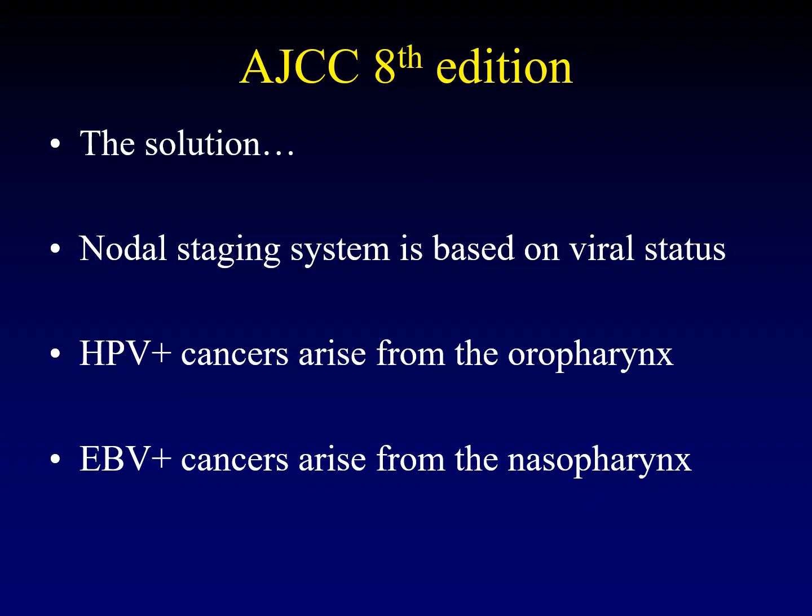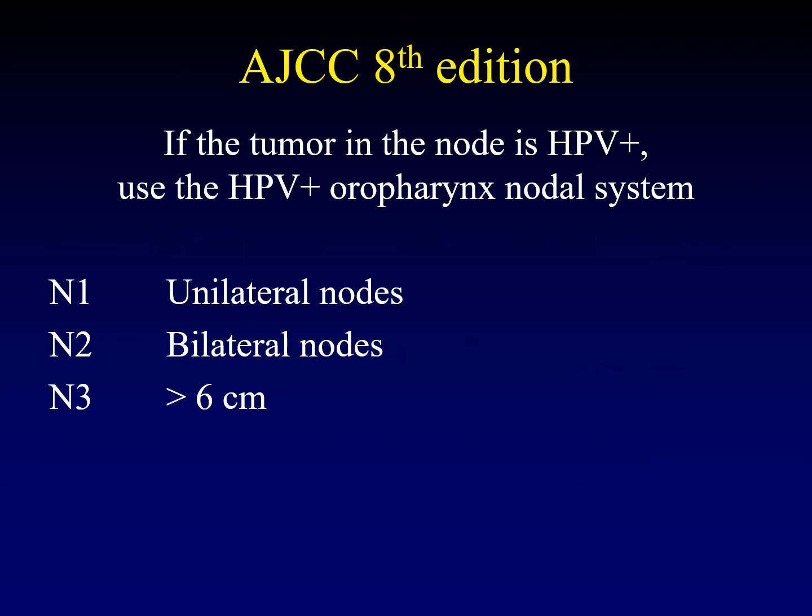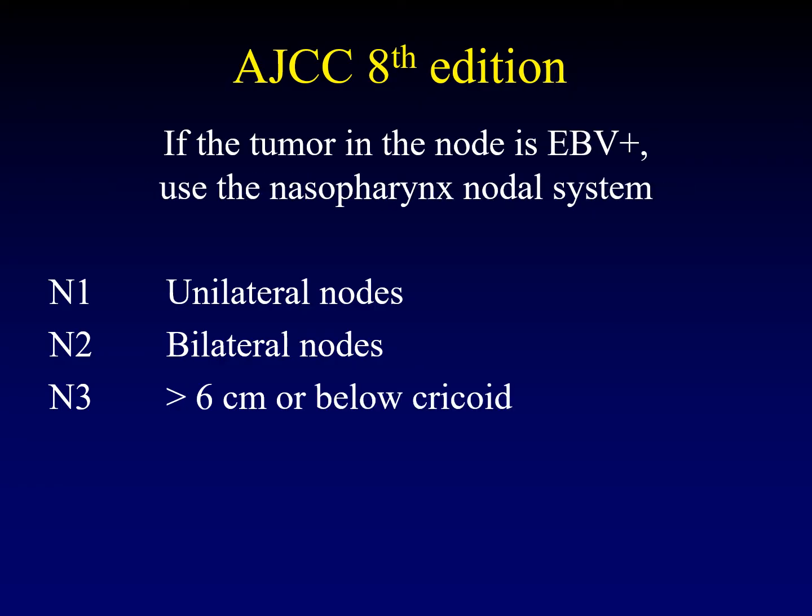EBV-positive cancers are assumed to have arisen from the nasopharynx. So taking this a step further, if the tumor in the lymph node is HPV positive, then you use the HPV positive oropharyngeal nodal system, where N1 is unilateral nodes, N2 is bilateral nodes, and N3 is a node over 6 centimeters. If the tumor is EBV positive, then we use the nasopharyngeal staging system for nodes.